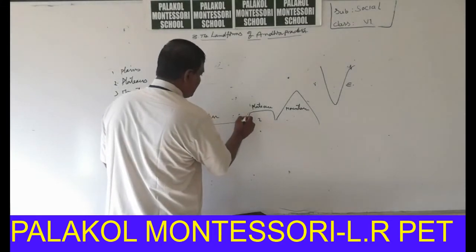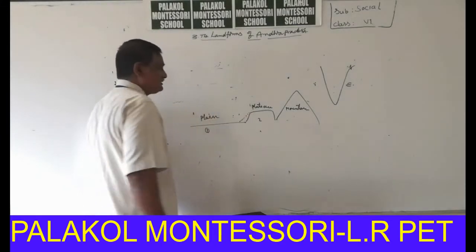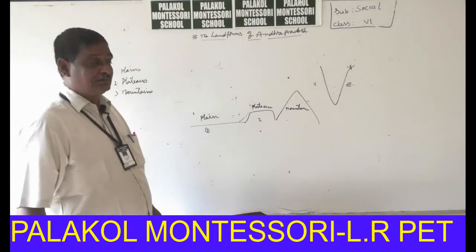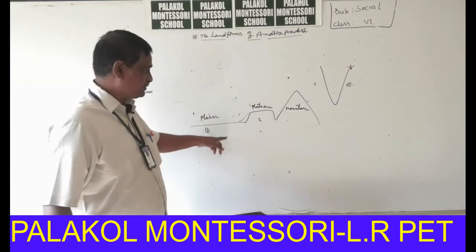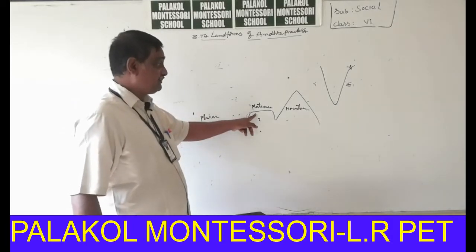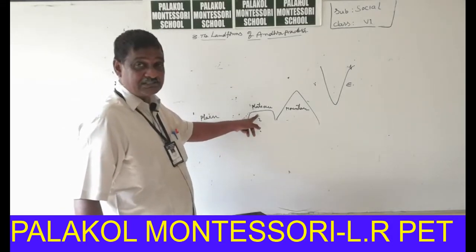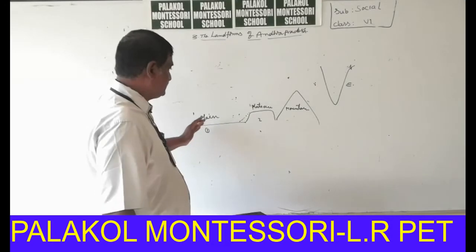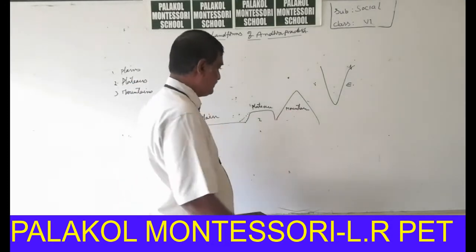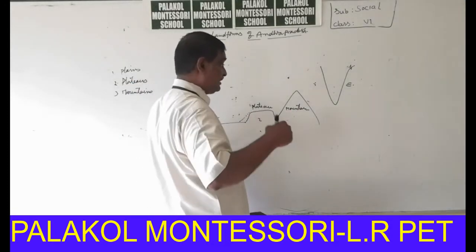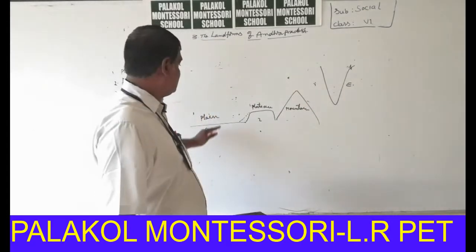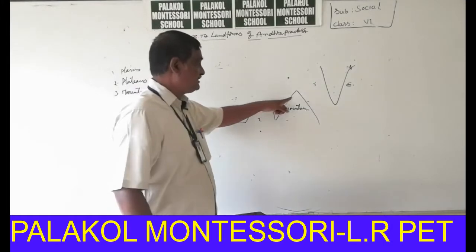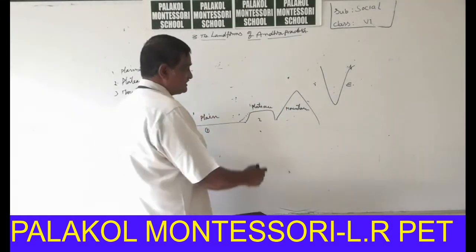This is somewhat higher than the plains, so this is called a plateau. Yes, the third one is a mountain. Mountains are much higher than plains and plateaus. This is called a mountain with steep slopes.